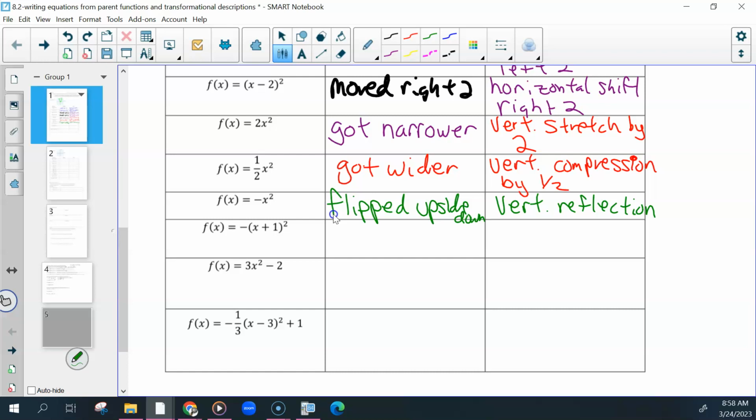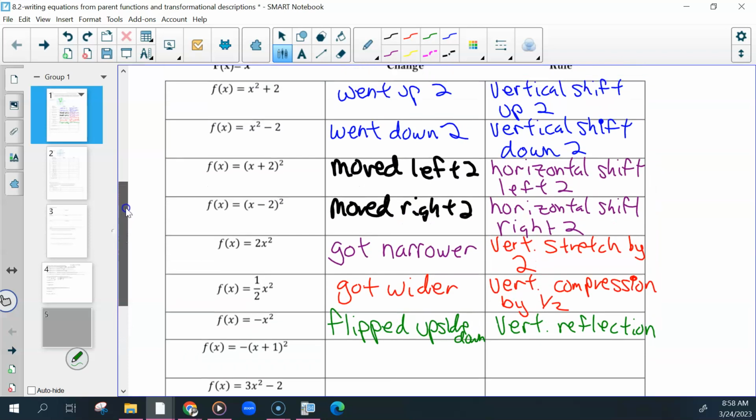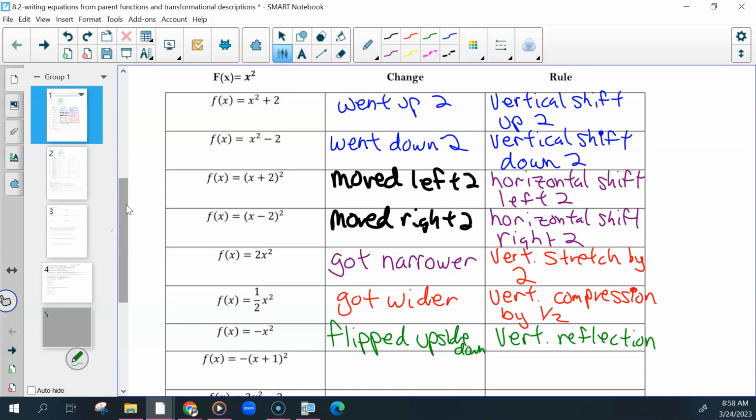So before we talk about these last three, let's just review really quickly the different types. We have shifts that are vertical, that move up and down, or horizontal, that move left and right. We have stretches and compressions when we have numbers that are being multiplied, where it either gets narrower, skinnier, or it gets wider.